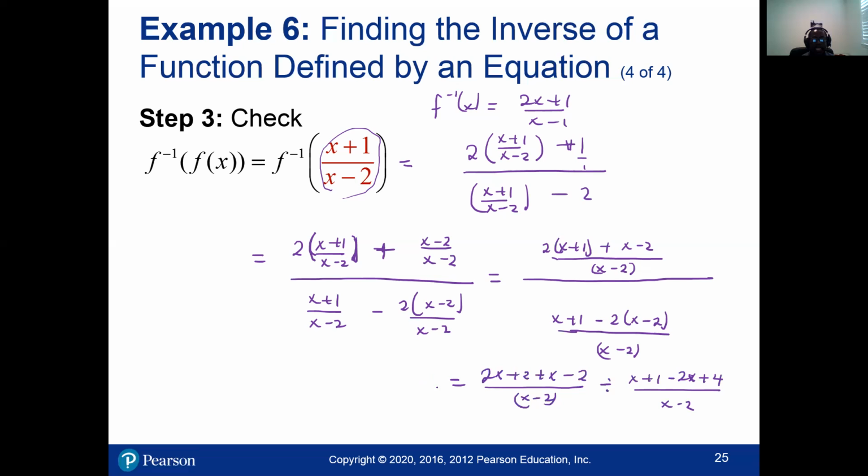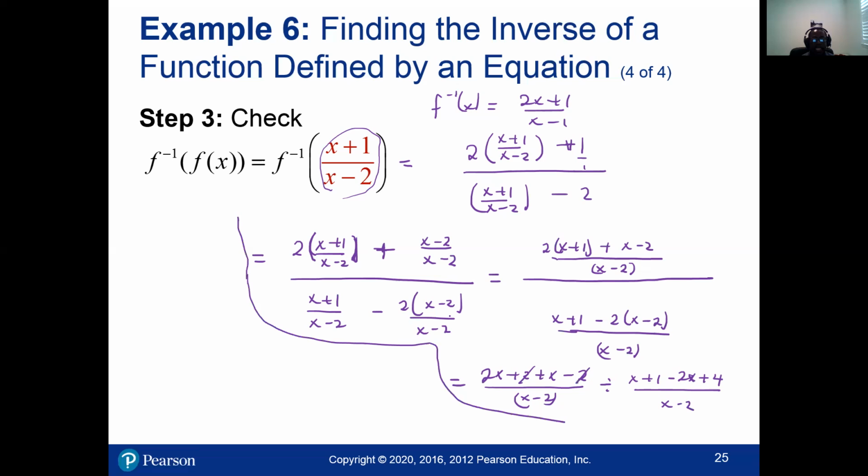Okay, so if we go to the next step, we take this one and then we change the sign and flip that. The numerator here, this 2 will cancel that. And then you're going to have minus 2x. That will be minus 2x.